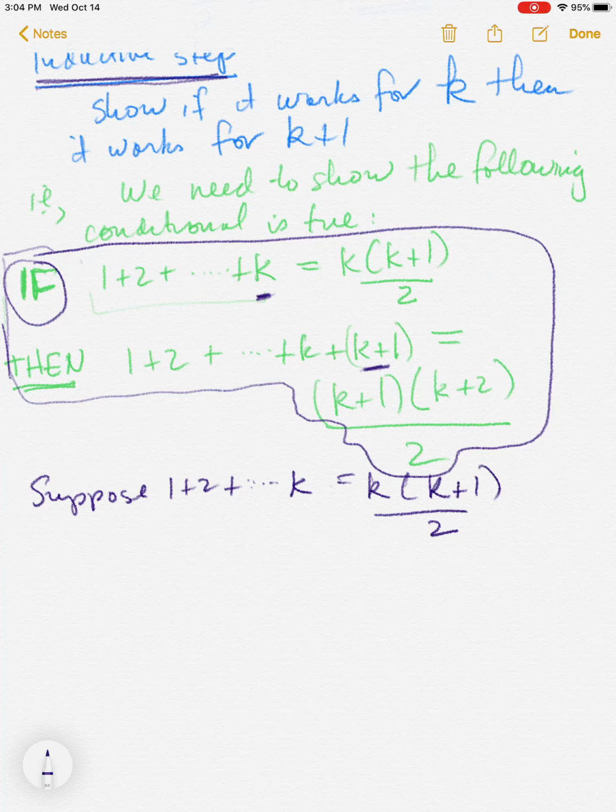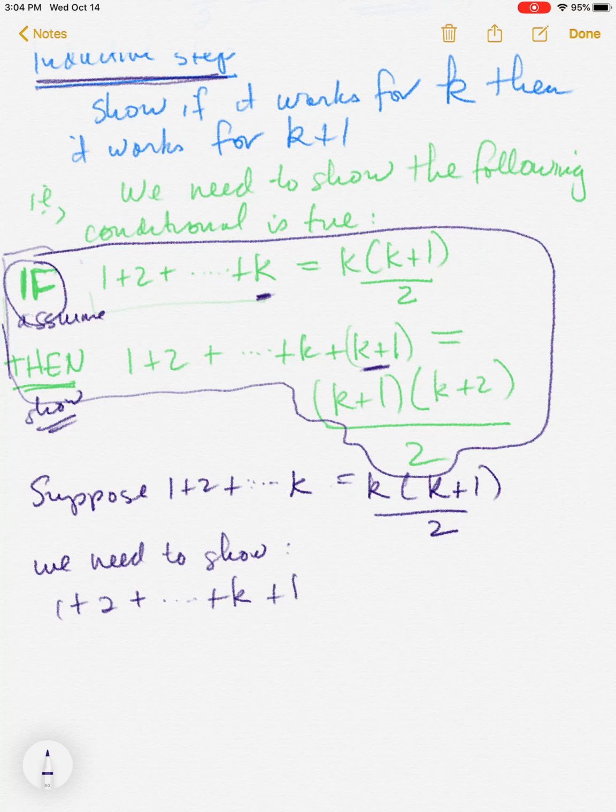This is what we're assuming. And then we want to show that the consequent follows from it, okay? So we need to show 1 plus 2 plus up to k plus 1 equals k plus 1 times k plus 2 over 2.